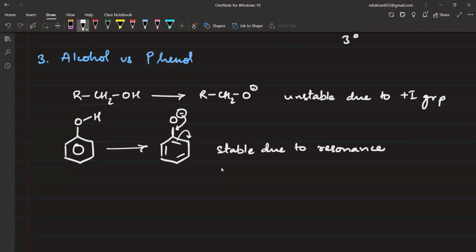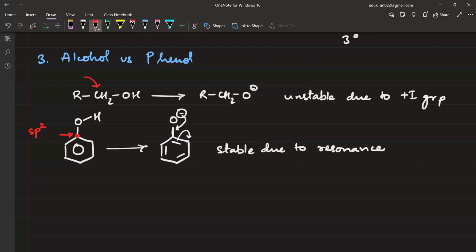Now, first thing is that the conjugate base of alcohol, it is unstable due to plus I group, but phenoxide ion is stable due to resonance. So obviously phenol will be more acidic. Another reason you can see here, the carbon atom which is bonded to the oxygen here in phenol, this carbon atom, it is sp2 hybridized.